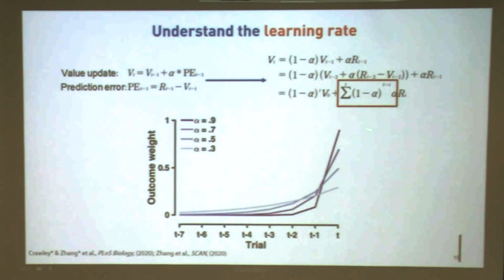According to this construct, if I have a higher learning rate, even though I have 4 wins previously, the most recent loss will give me a huge decrease in the value. And if I have a lower learning rate, the previous 4 wins, I will carry into my current understanding of the value, and then the most recent loss will not impact me so much.